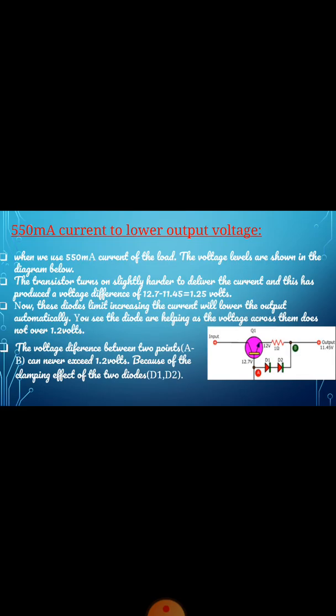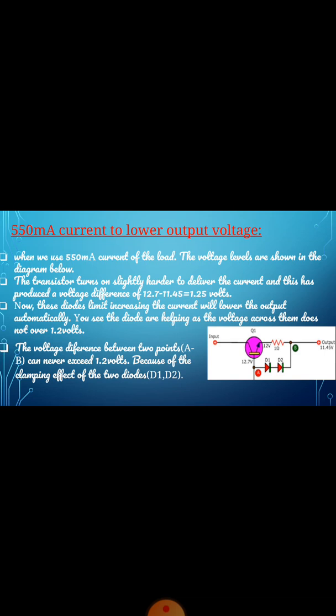500 mA current lowers the output voltage. When we apply 500 mA current to the load, the voltage levels are as shown in the diagram below. The transistor turns on slightly harder to deliver the current and this has produced a voltage difference of 12.7 minus 11.45, which is equal to 1.25 volts.